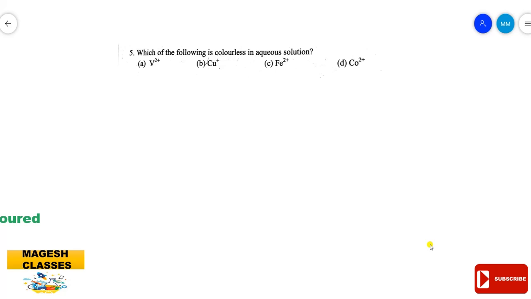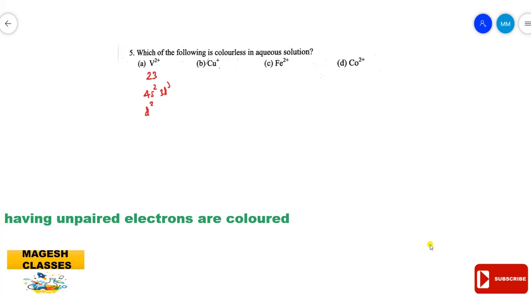Based on electronic configuration, V2+ has atomic number 23, so it is a d3 system, and Cu2+ is a d9 system. Fe2+ is a d6 system and cobalt 2+ is a d7 system. Among the four, the d10 has no unpaired electron. So due to no unpaired electron, it is colorless. Our answer is B.